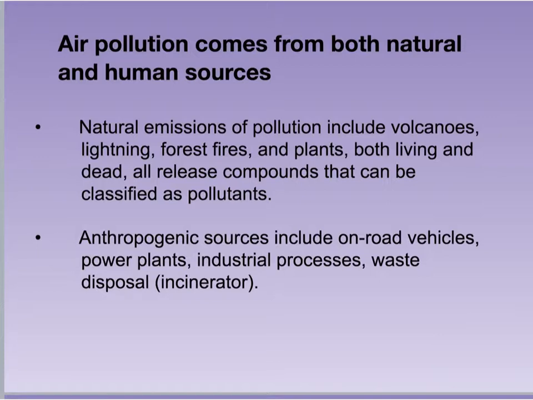So regardless of how you look at it, we have definitely increased emissions to the already natural process that's taking place on Earth. I mean, just think of Mount St. Helens in the 1980s.